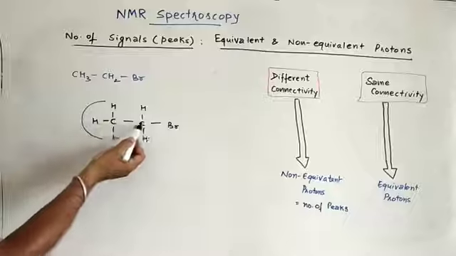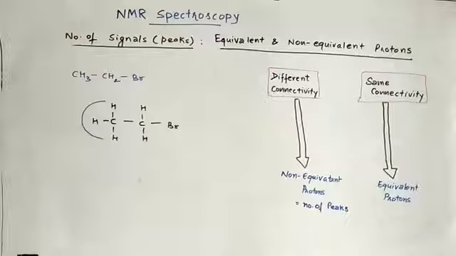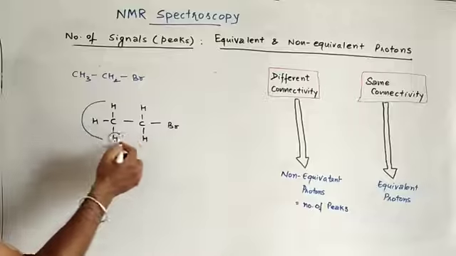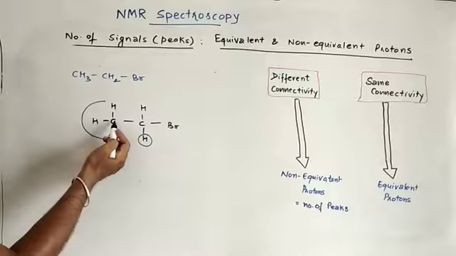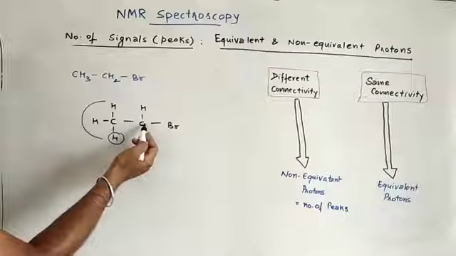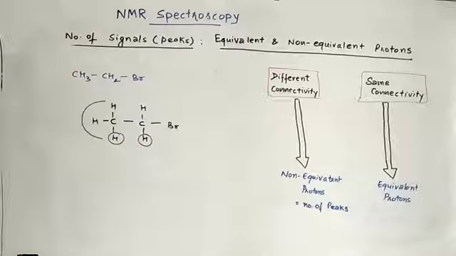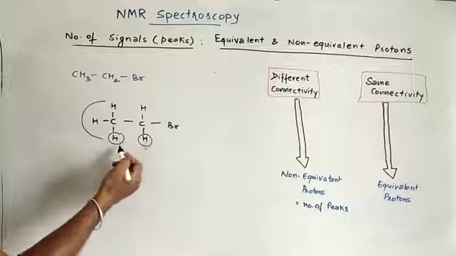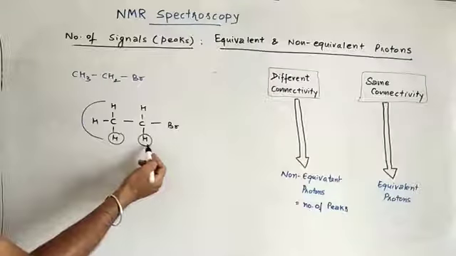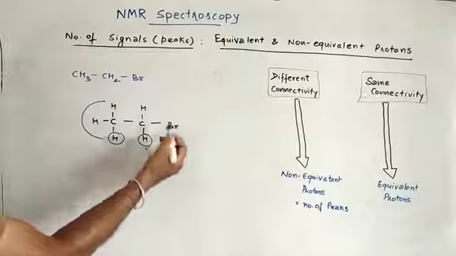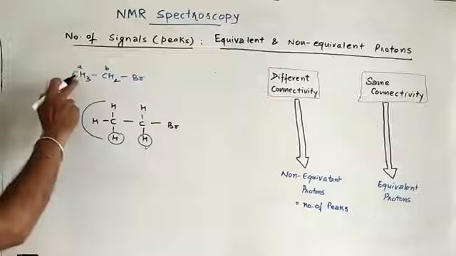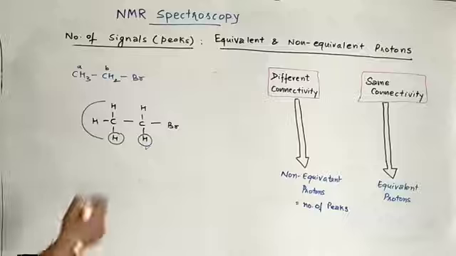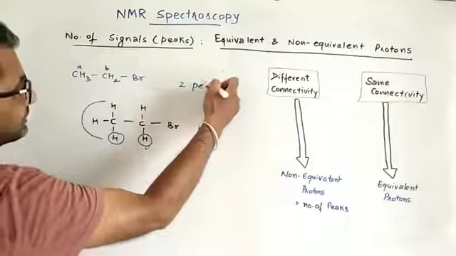This proton is connected to carbon, Br. Equivalent. But when you compare these protons with this proton, they are not equivalent. You can see this proton is connected to carbon and this carbon is connected to carbon which is connected to bromine. Directly you can see here that this proton is more close to bromine as compared to this. So this hydrogen is connected to carbon directly attached to bromine. It means you will get two signals, A and B. 3 protons give one signal, 2 protons give one signal. So there will be 2 peaks.